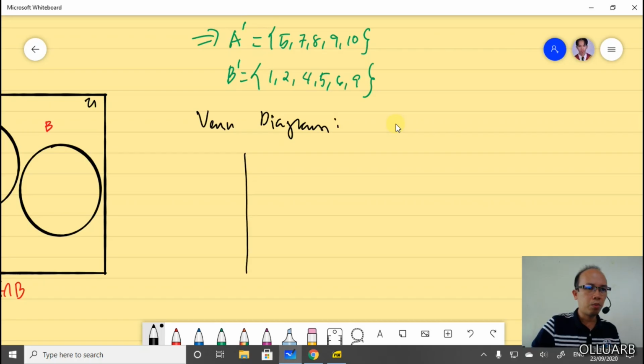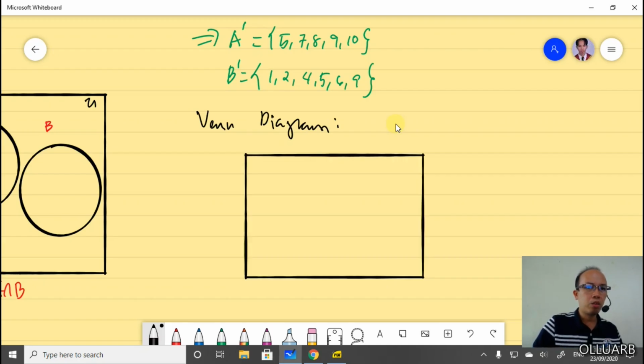For example, this is your universal set. The geometric figure that is associated with the universal set is the rectangle. So for example, if you have this circle.